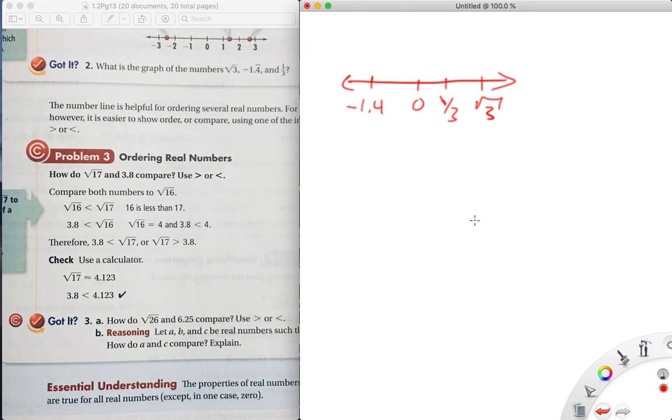Same thing with ordering rational numbers. We know that this symbol is called an inequality. This inequality here means less than.